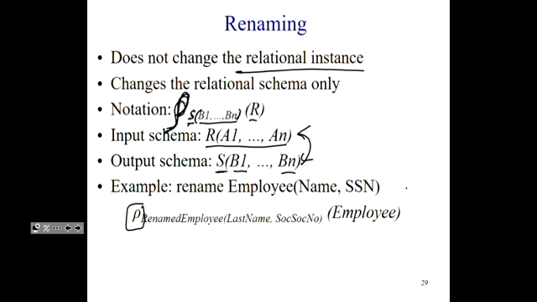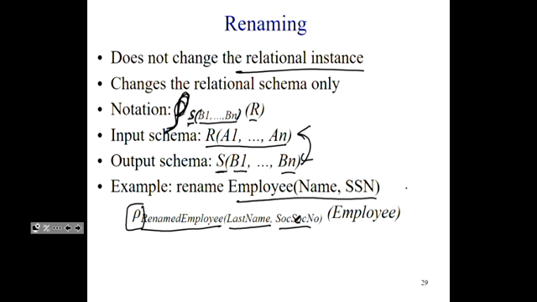If not, it's not clear how to map the list of attributes in the new relation. So if I wanted to rename employee with attributes name and SSN into renamed employee with last name and social security number, I would do it in this way.